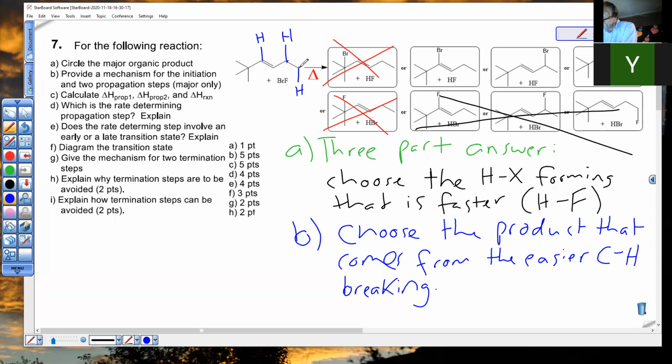This is primary. The H is on a C that has one bond to C and it's not got a double bond. Allylic is also secondary because it has two bonds to C. So vinyl, secondary allylic, and primary. We've seen the numbers already. Should we just go back to our previous page? These are CHs. 2 pages previous, sorry.